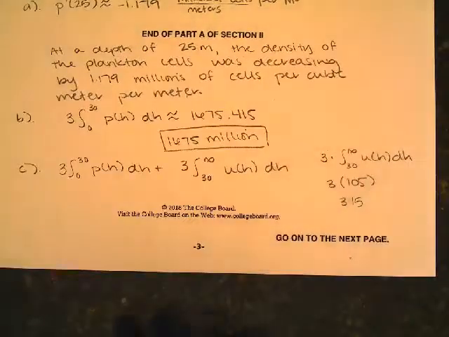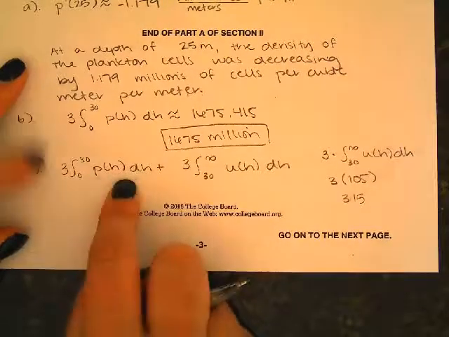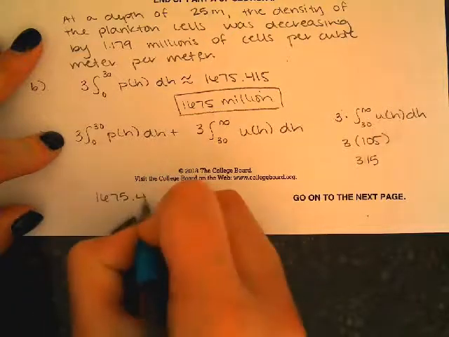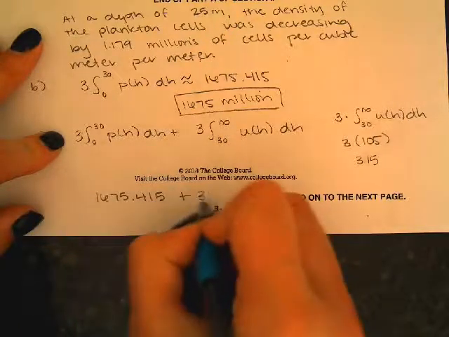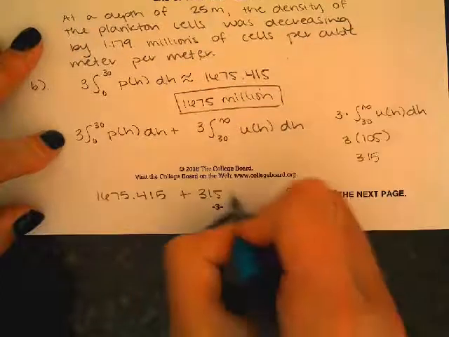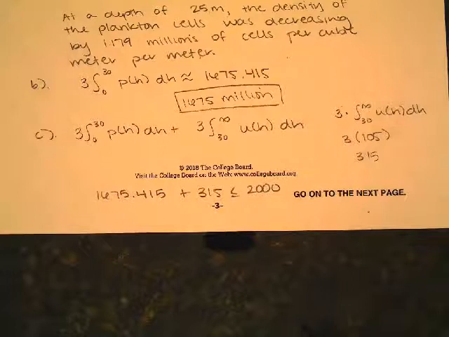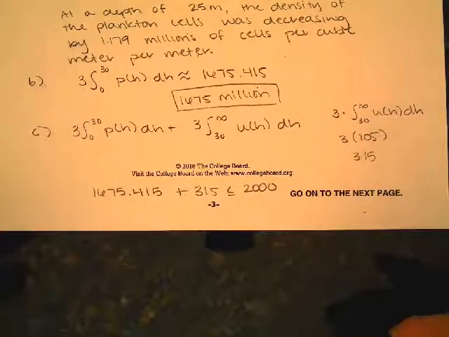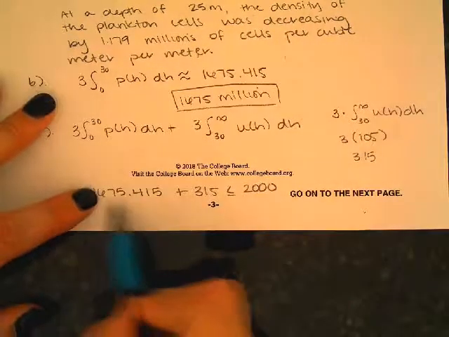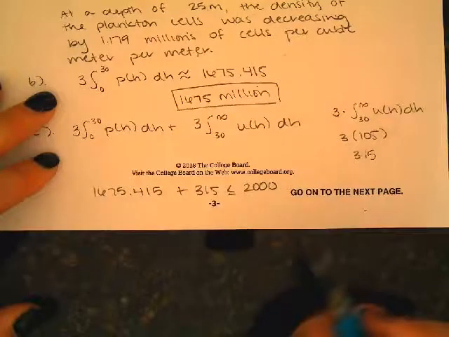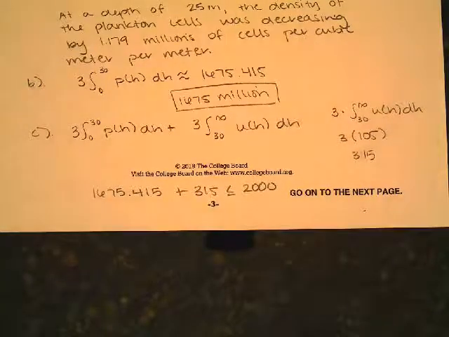If we add this, 1675.415 plus 315, that's going to be less than or equal to 2,000 million. If you add those together, that'd be 1990, just slightly under. All right, so that's the answer for part C.